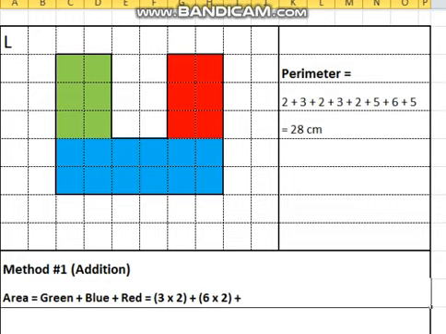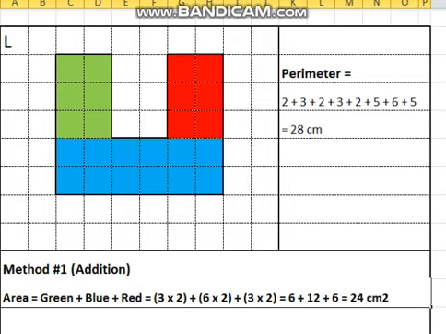Then you plus another area, for the red shape, which is 3 times 2. So 3 times 2 is 6, plus 6 times 2 is 12, plus 3 times 2 is 6. The result is 6 plus 12 plus 6, which is 24 square centimeter.